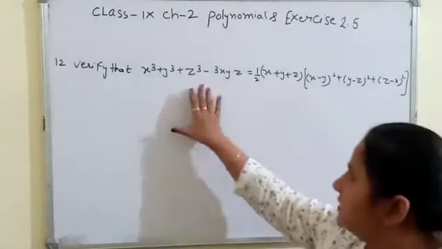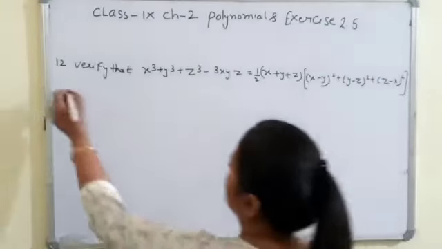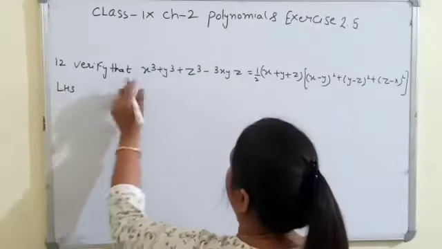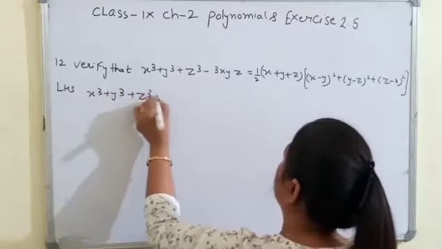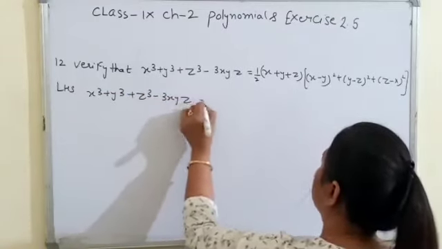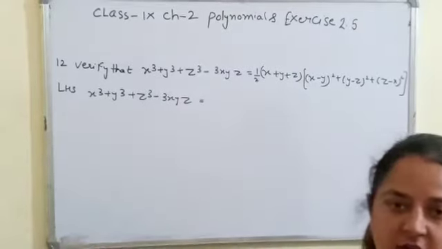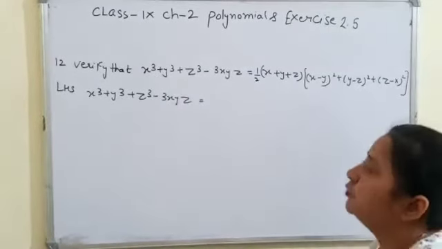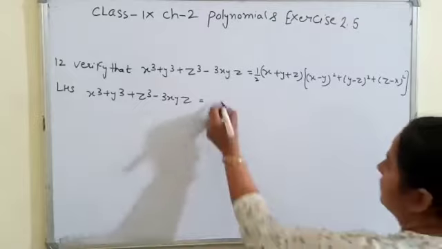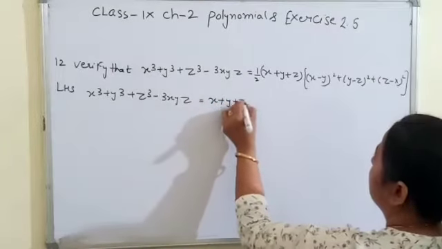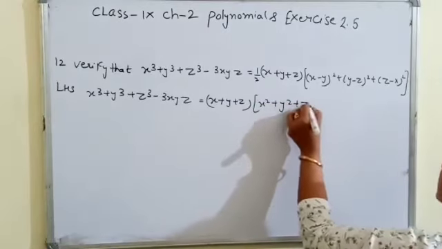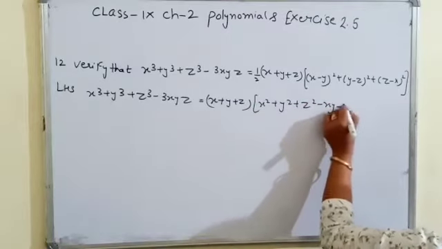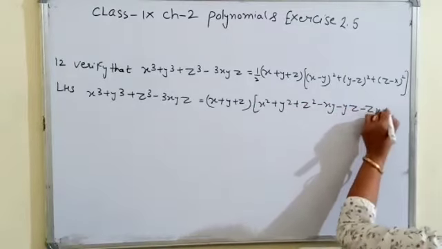Firstly, let's take the left hand side, x cube plus y cube plus z cube minus 3xyz. Recently we have solved this identity, so let's write it as x plus y plus z into x square plus y square plus z square minus xy minus yz minus zx.